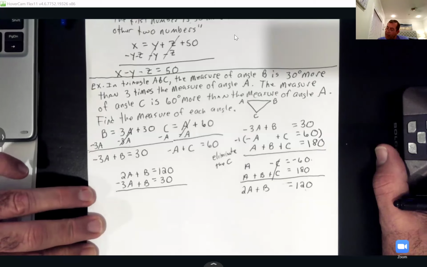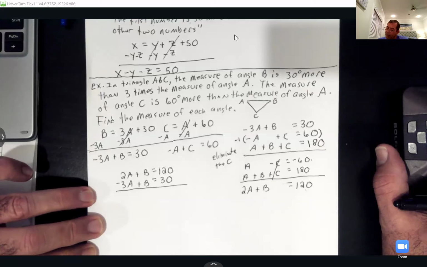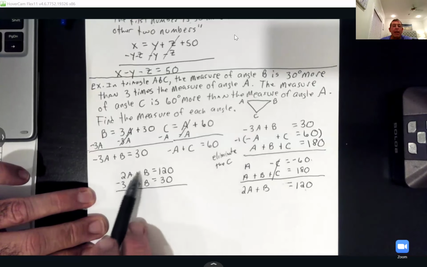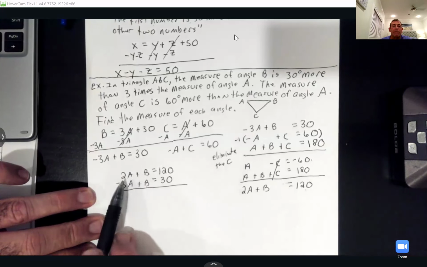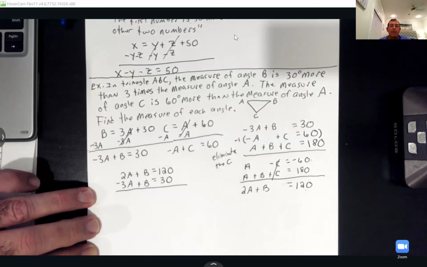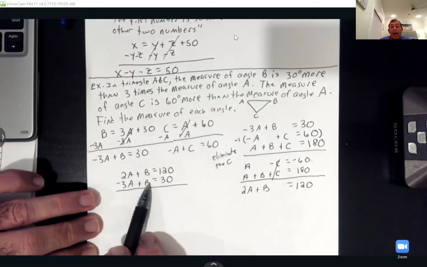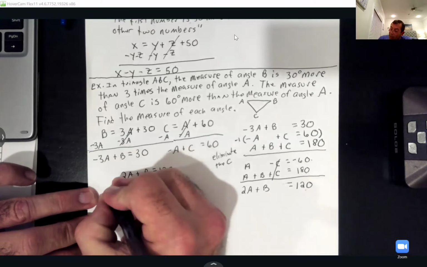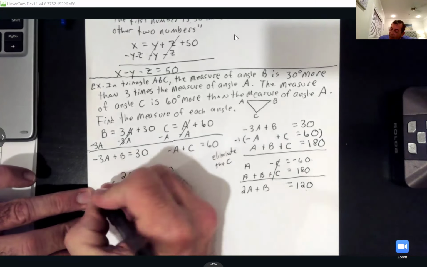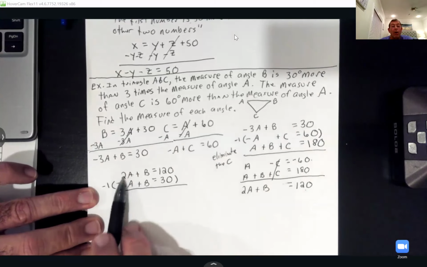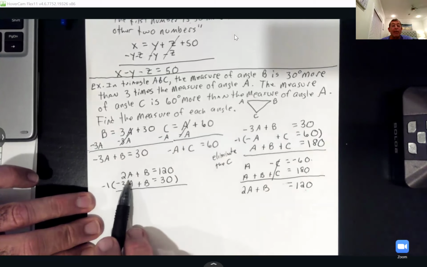Alrighty, so let me see what's happening here. I gotta eliminate either the A's or the B's on this. So y'all, it looks like the B's would be pretty quick if I just multiplied one of them by a negative. So I'm going to multiply the second row by -1. That'll make this B negative, and when we add them, they'll cancel. And all we'll have left are these A's here, okay?